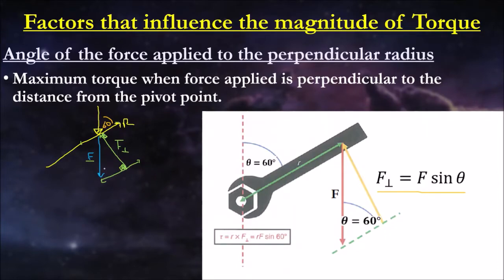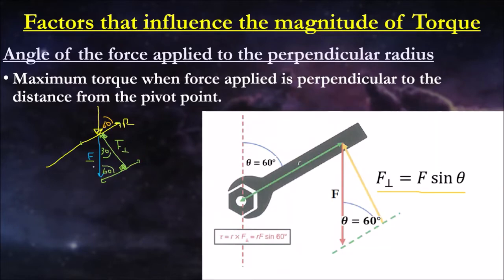In the question, we said that this angle is 60 degrees, and so 180 is the total sum of a triangle, minus 60 minus 90, we have a 30 degree angle on this side, and then 60 degrees here.